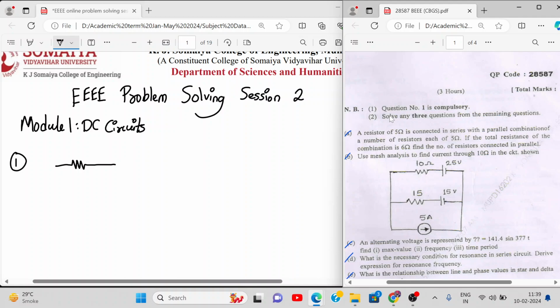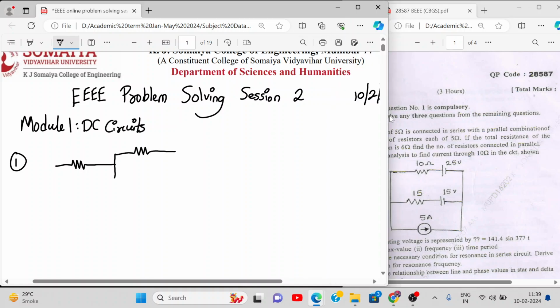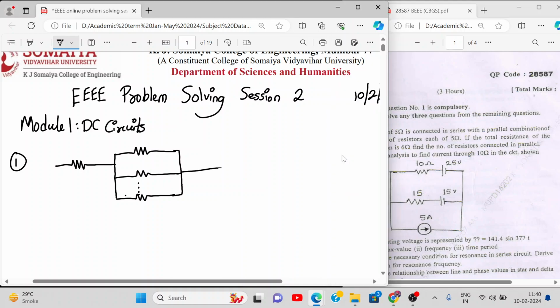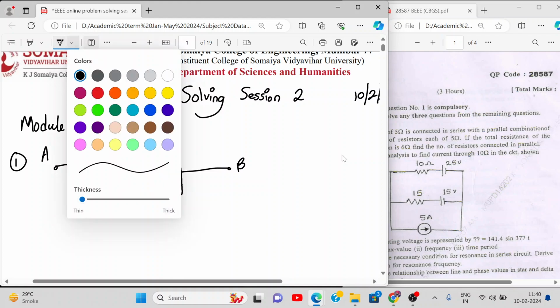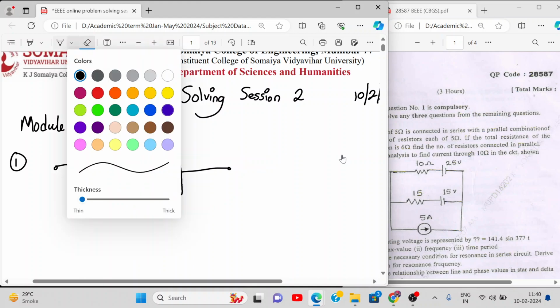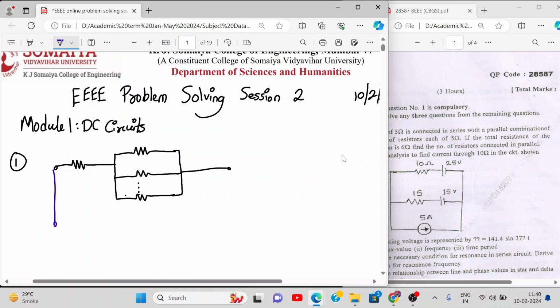Alright, so there is a parallel combination of resistors. We don't know how many, so this can be any number of parallel resistors. Now if the total resistance of the combination is 6 ohm, they are saying the total resistance over here, R AB, is 6 ohms.